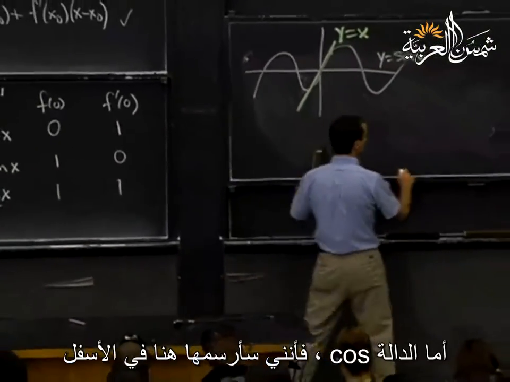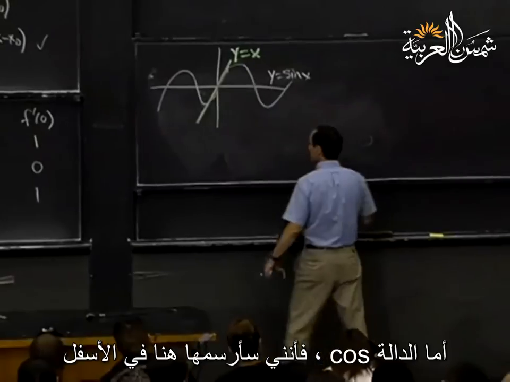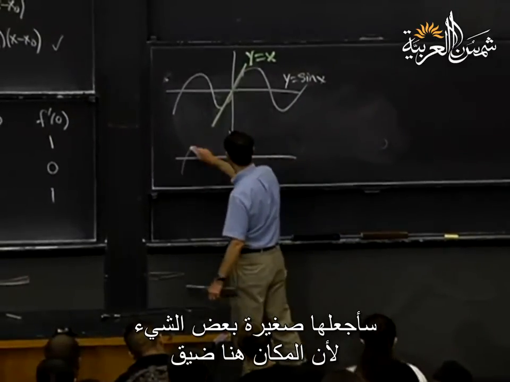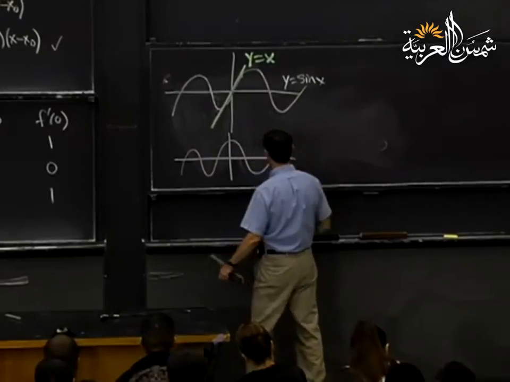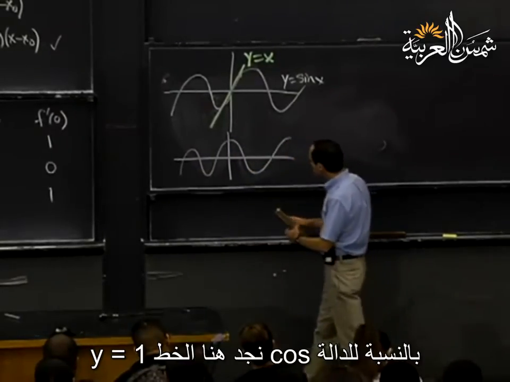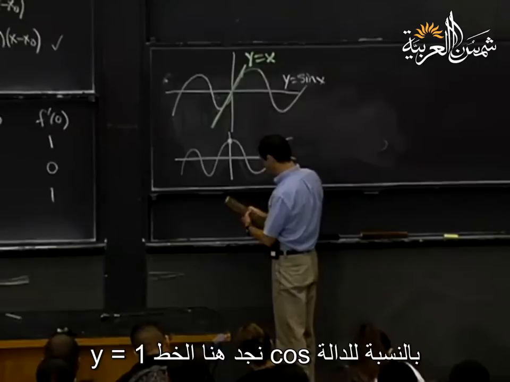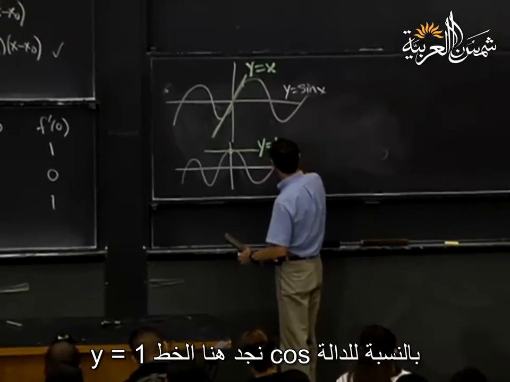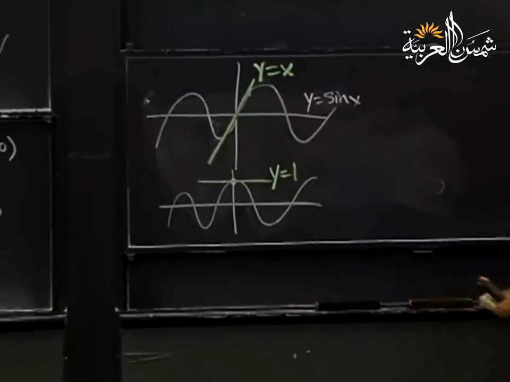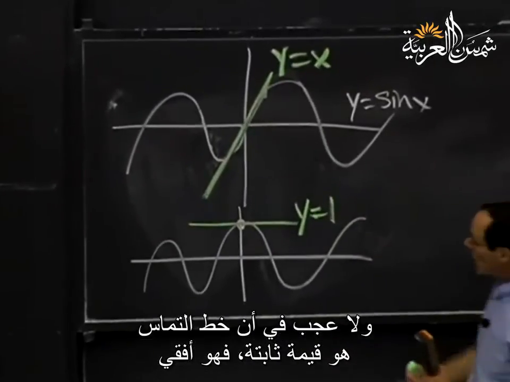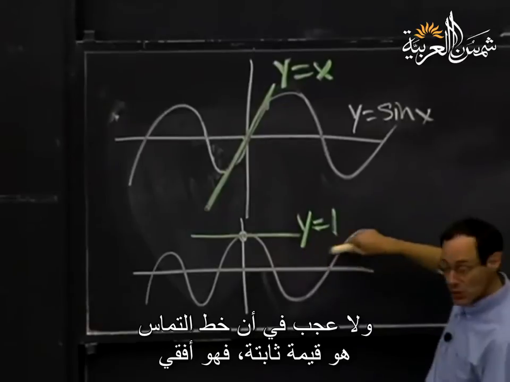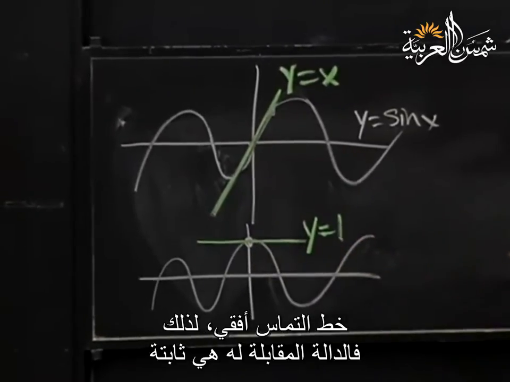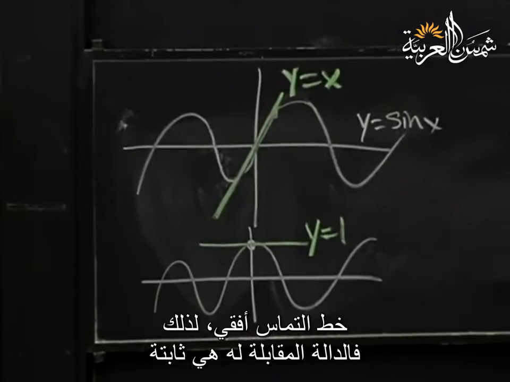The cosine function, I'll put that underneath, I guess. I think I can fit it. Make it a little smaller here. So for the cosine function, we're up here. It's y equals 1. Well, no wonder the tangent line is constant. It's horizontal. The tangent line is horizontal, so the function corresponding is constant.